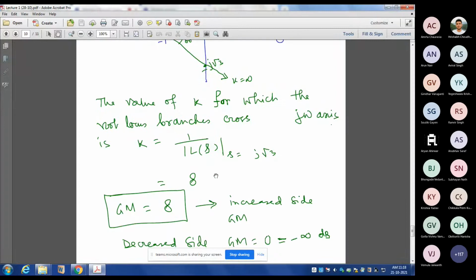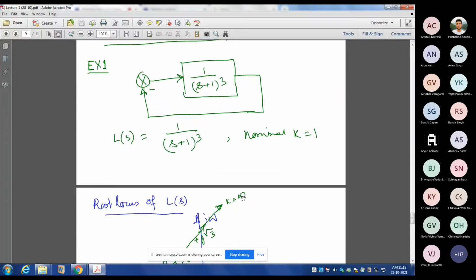Now you can easily see from this figure that if you reduce the gain even to 0, it doesn't matter. The system will still remain stable. So the factor by which the loop gain you can increase is 8. The positive factor by which the gain you can reduce is 0.